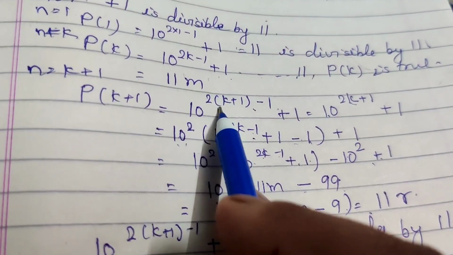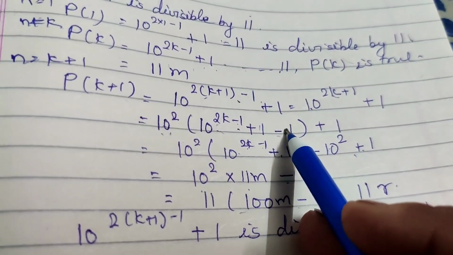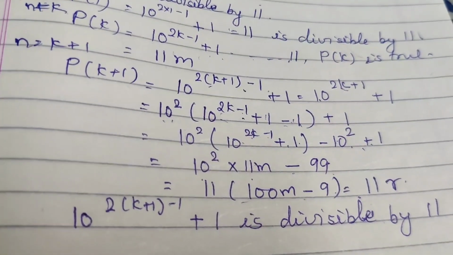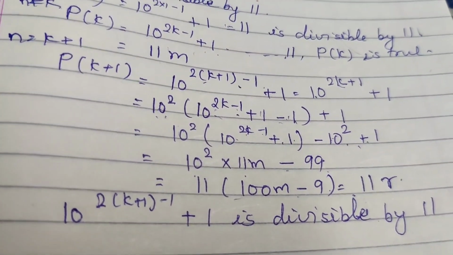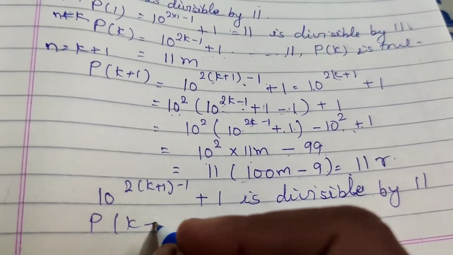Just put n equal to k plus 1 and solve. Just add 1, subtract 1, now multiply this and so on, and convert into a multiple of 11. Therefore, P k plus 1 is true.